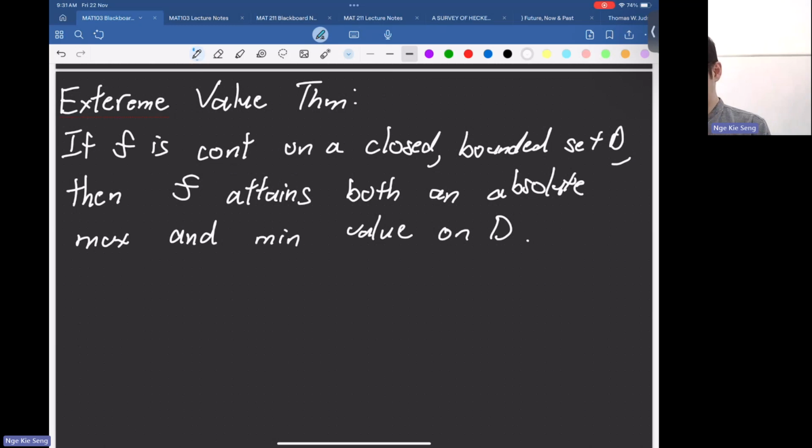It will have both maximum and minimum. Absolute maximum and minimum, meaning you can find the highest point and the lowest point.